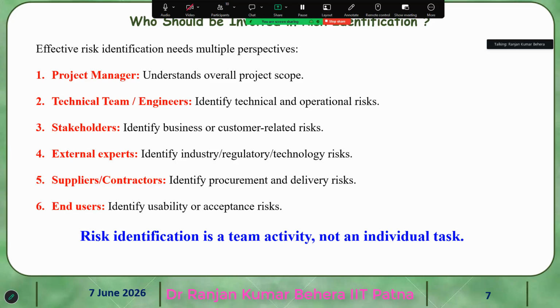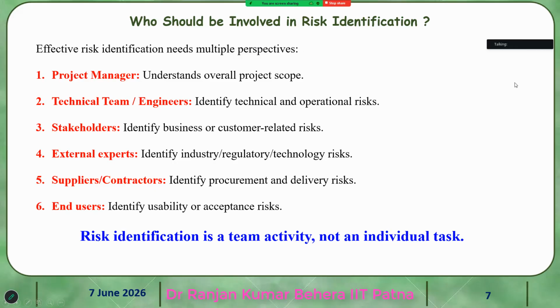And then effective risk identification needs multiple perspectives. The first and very important one is the project manager, who is responsible. He must have a clear understanding of the project, of what we are going to do, so that identification one must do.